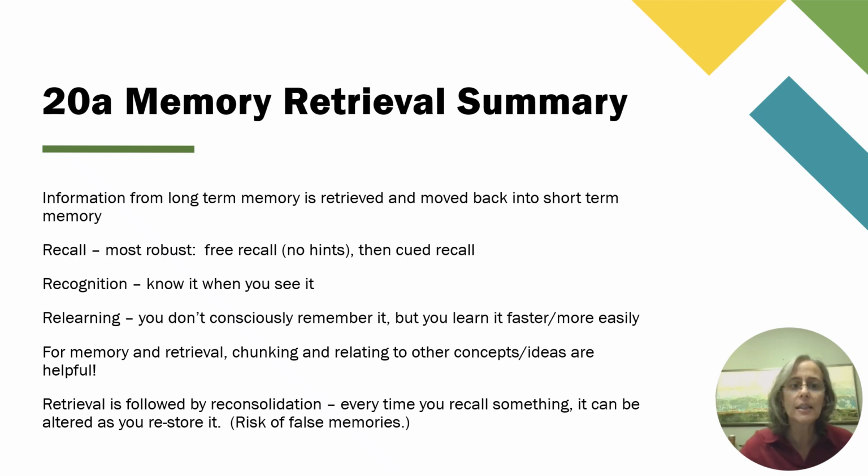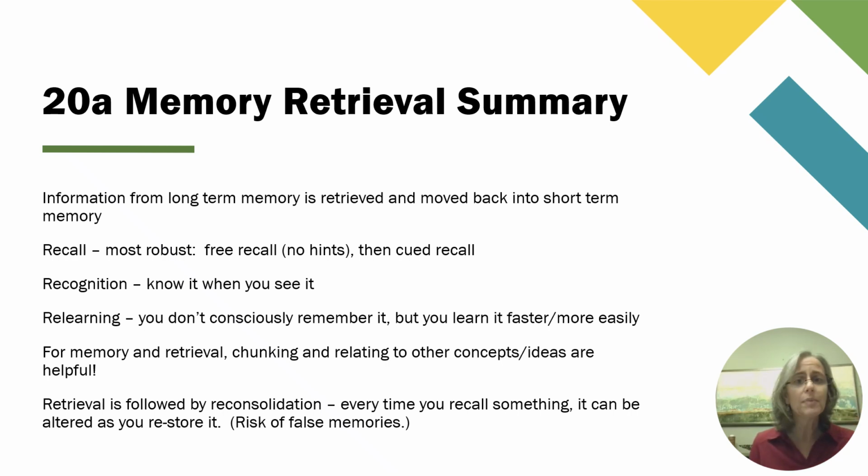All right, so in summary, for memory retrieval, we are taking information that we had stored on our computer. We've saved these files on our computer. We're opening them up and bringing them back into short-term memory so that we can see them and interact with them. The most robust way we do this is recall. We're like, "Oh yeah, I've got it. I know it. You don't even need to give me a hint. I know exactly what this is."